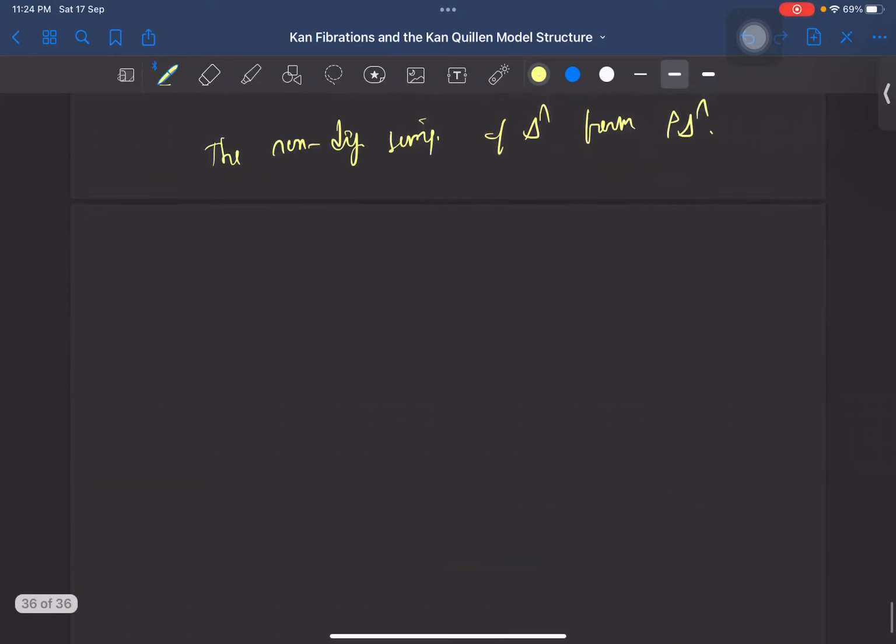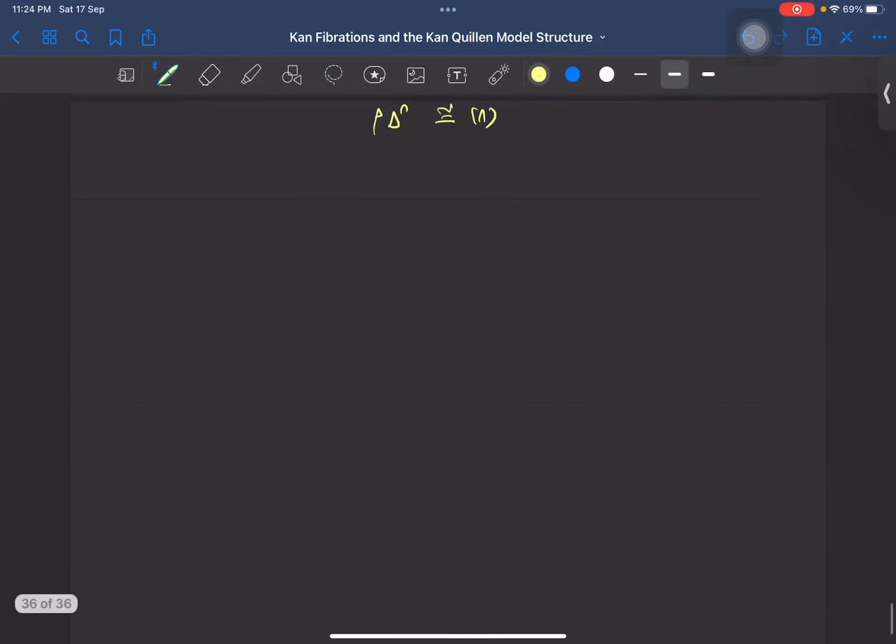And we know that this is isomorphic to this. Let me define the nerve of the poset to be this. I'll explain why I call it SD real quick. SD stands for subdivision.